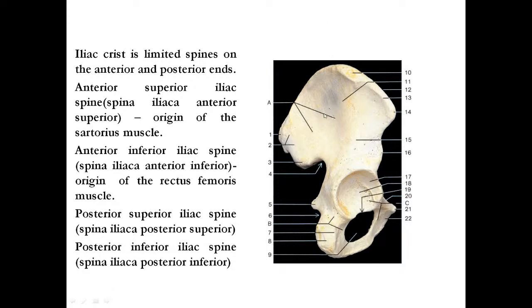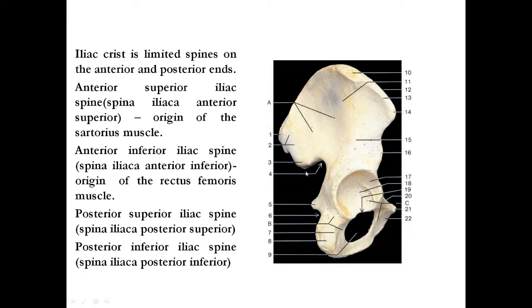The iliac crest is limited by spines at the anterior and posterior ends. Anterior superior iliac spine, spina iliaca anterior superior, origin of the sartorius muscle. Anterior inferior iliac spine, spina iliaca anterior inferior, origin of the rectus femoris muscle.